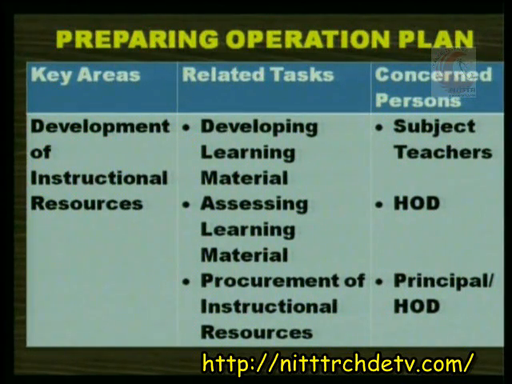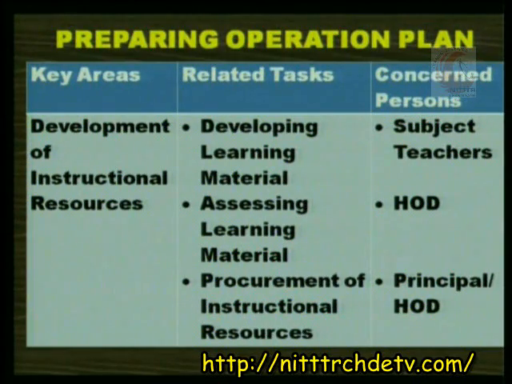See, sometimes good textbooks are not available, good lab manuals are not available, and if the curriculum has to be implemented properly, we need to develop this learning material. The person responsible for this task will be the teachers related to different subjects who are actually teaching those subjects.